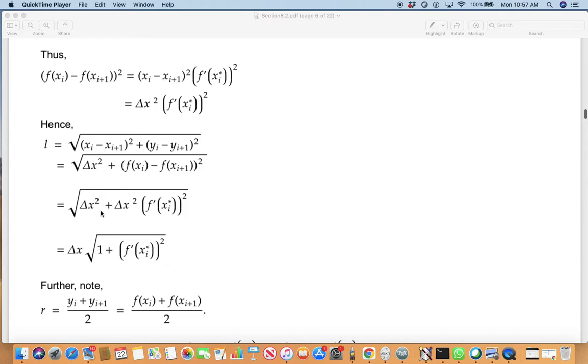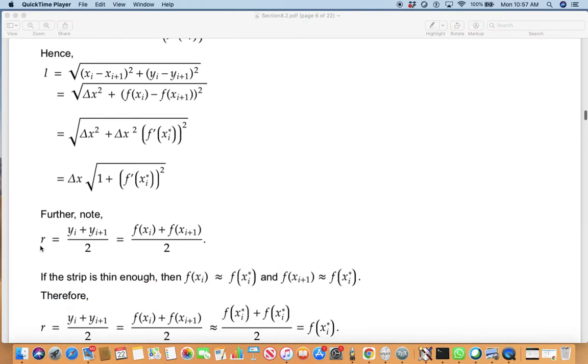Get this common factor out through the square root. You get delta x outside, and inside the square root you have 1 plus the derivative of f at xi star squared. Further note, what was the radius? It is (yi + yi+1) over 2, which is (f(xi) + f(xi+1)) over 2.